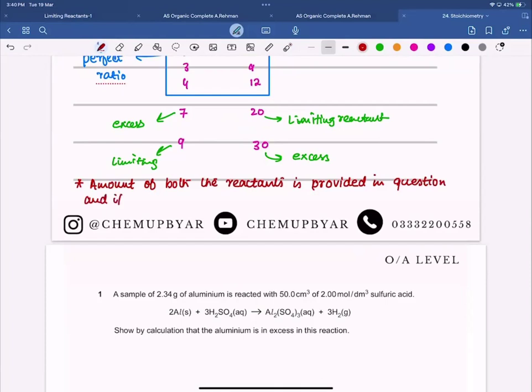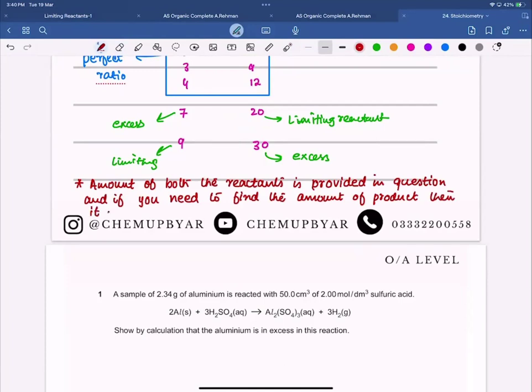And if you need to find the amount of product, that is the most important thing, then it is calculated by using the ratio.